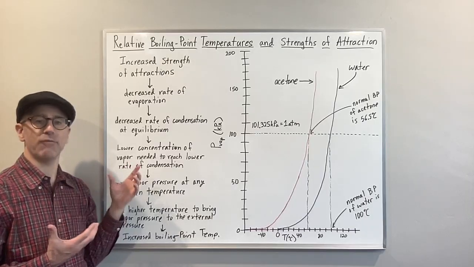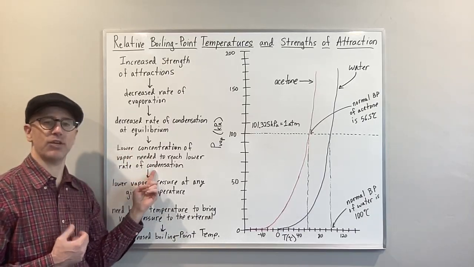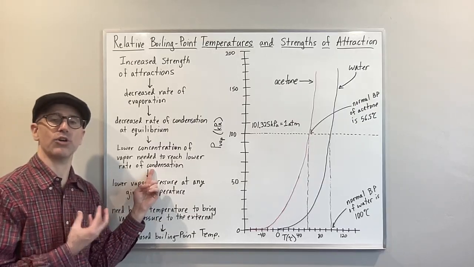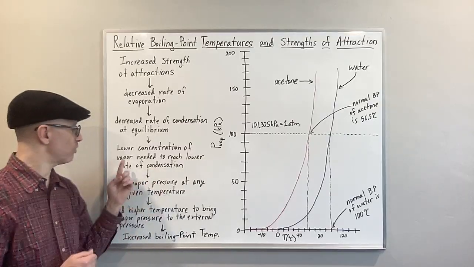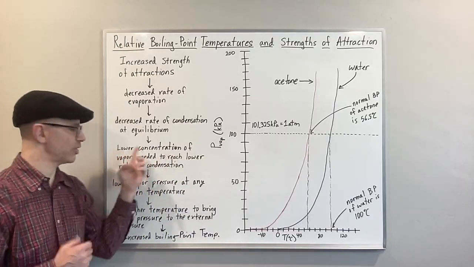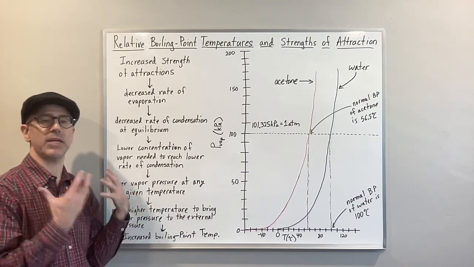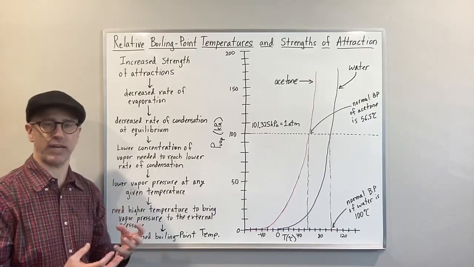So if you have a lower rate of condensation, then you don't need as many particles in the vapor phase in order to have that rate of condensation, if that makes sense, right? So you're going to have a lower concentration of vapor in the vapor phase, because the rate of condensation is lower and you don't need as many particles in the vapor phase.